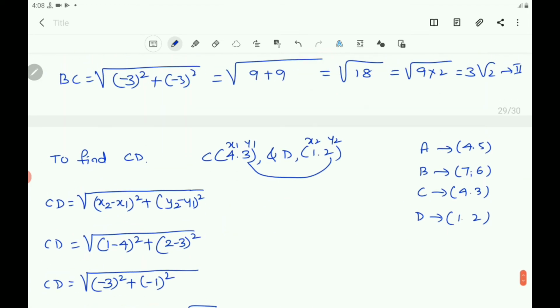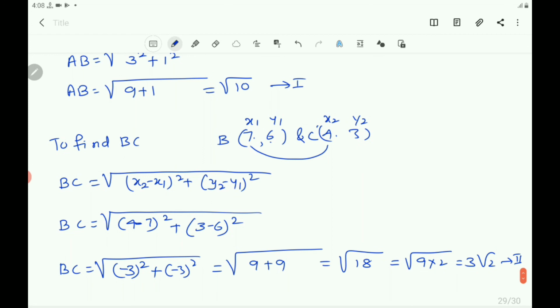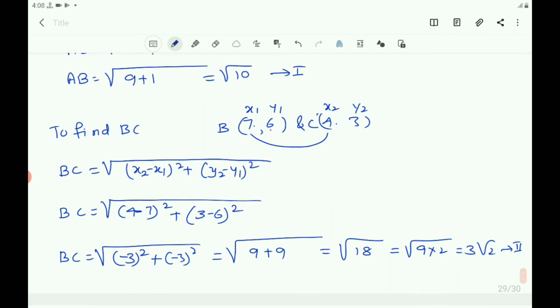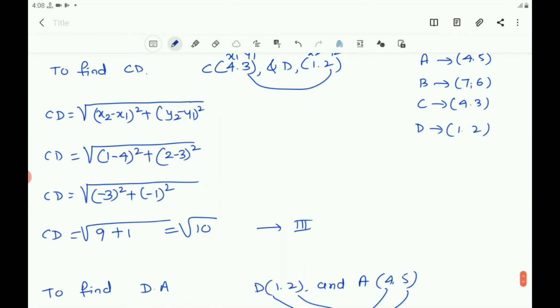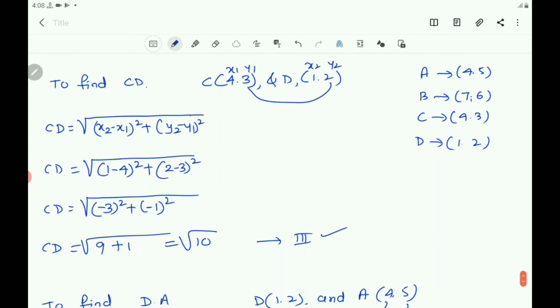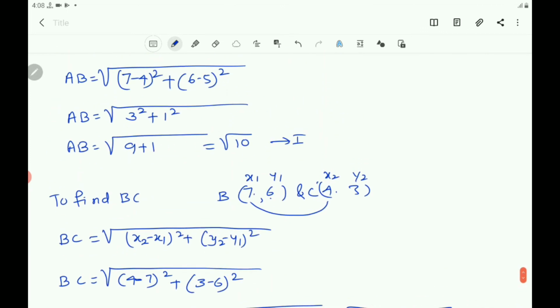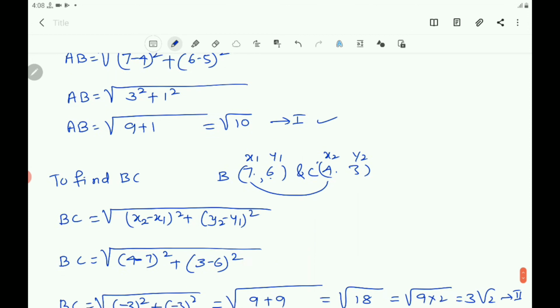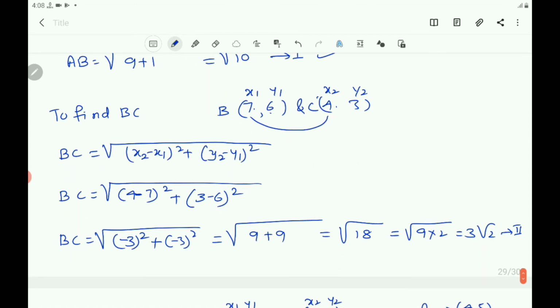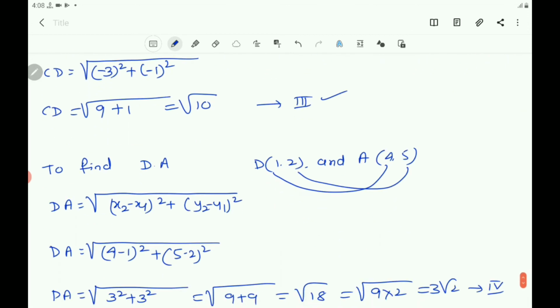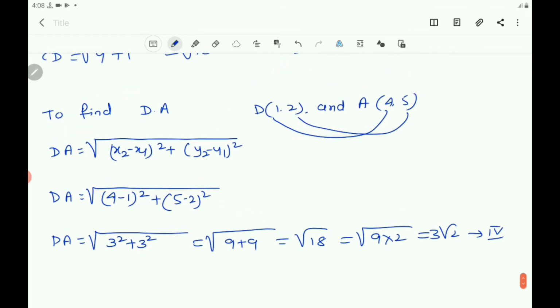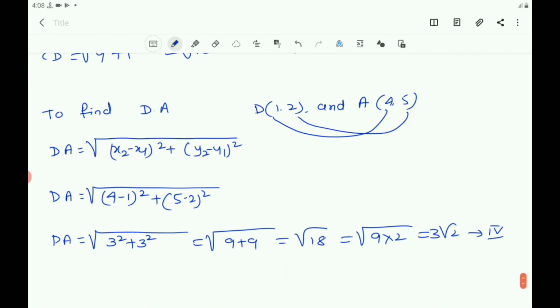So from the first and second, you got that AB is root 10 and CD is also root 10. Then BC is 3 root 2 and DA is also 3 root 2.